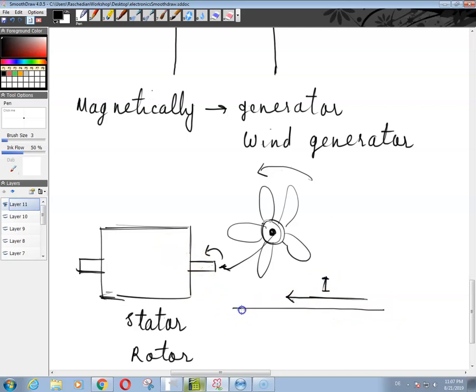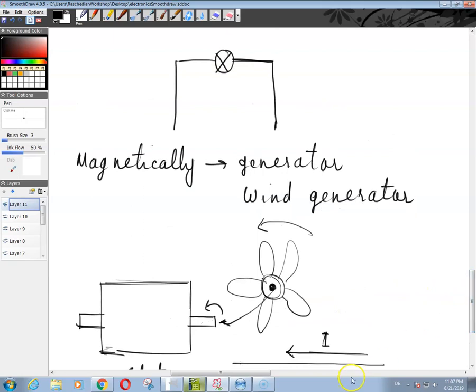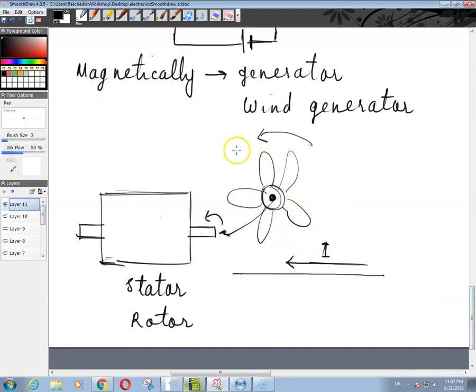And that's what you could connect to this circuit over here, and then your lamp will start glowing. That's basically, for example, a generator, a wind turbine. There are all kinds of turbines like that. There is the wind turbine, there is the turbine that you place in a dam that is rotated using the force of water, and all other kinds of things.